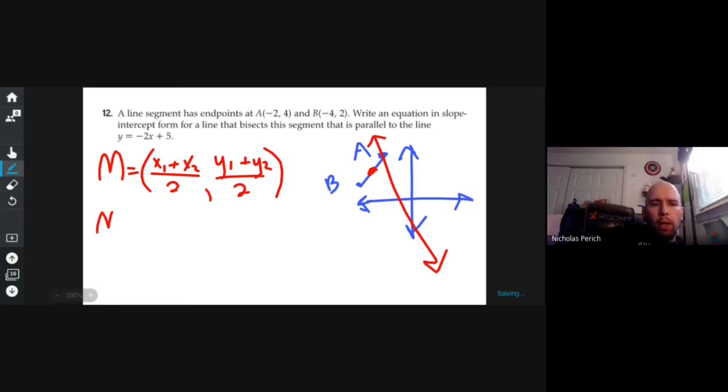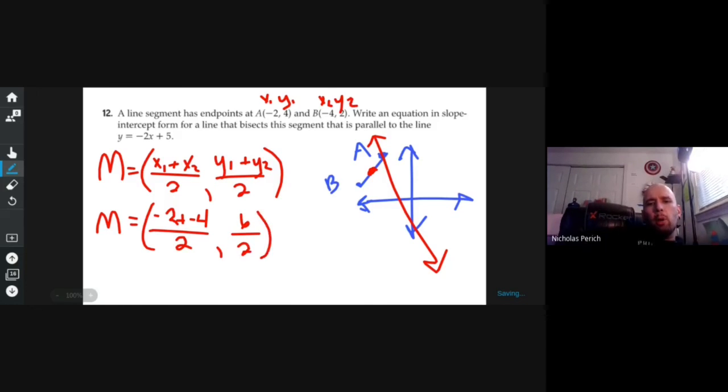So our midpoint is (-2 plus -4) divided by 2, and (4 plus 2), which is 6, divided by 2. What we get is -6 over 2, which is -3, and 6 over 2 is 3. So our midpoint is (-3, 3).